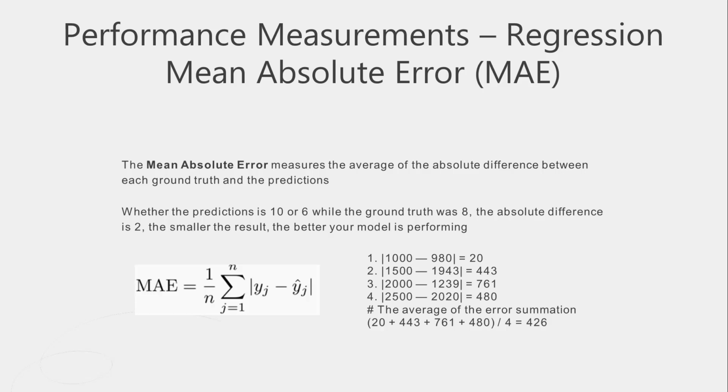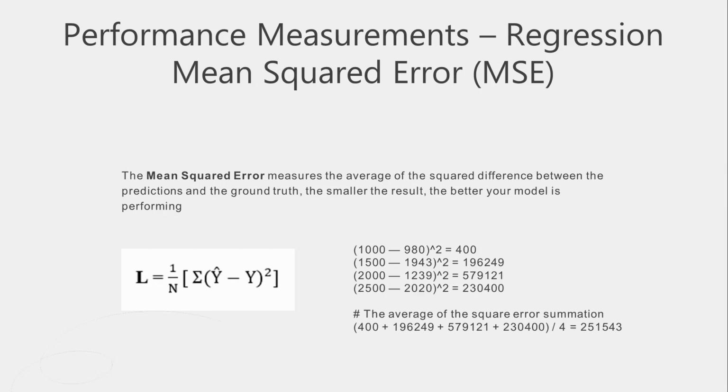We need to do this for all n records, sum all of them together, and then divide that value by n, the number of records. Then we get the mean absolute error for the model, and the closer it is to 0, the better the model's prediction is.